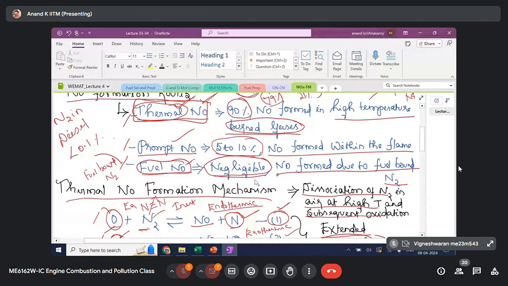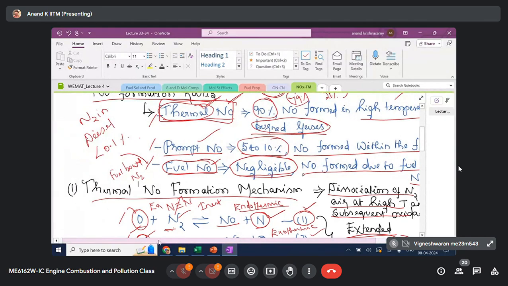One favorable feature here is the fuel, gasoline or diesel. Gasoline doesn't contain any nitrogen at all. Diesel contains some nitrogen, but its concentration is found to be less than 0.1% by volume. You can imagine it's very, very low. That's why the contribution of fuel-bound NO to the total NO is negligible, as indicated here.